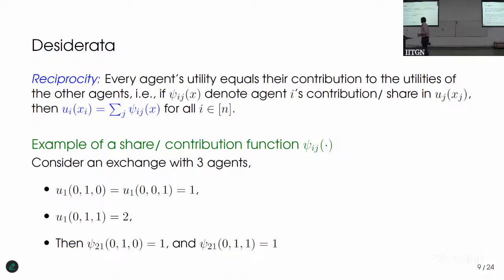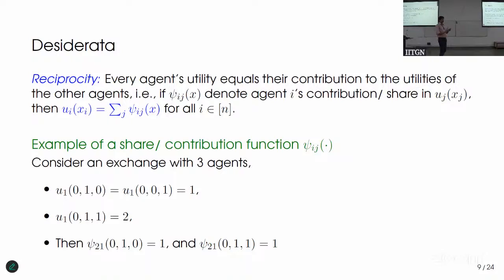In this case, if you use something like a Shapley share, or just think of any reasonable credit sharing function, you would see that the contribution of agent 2 towards agent 1's utility is 1, irrespective of whether agent 3 gives agent 1 its entire data or not.